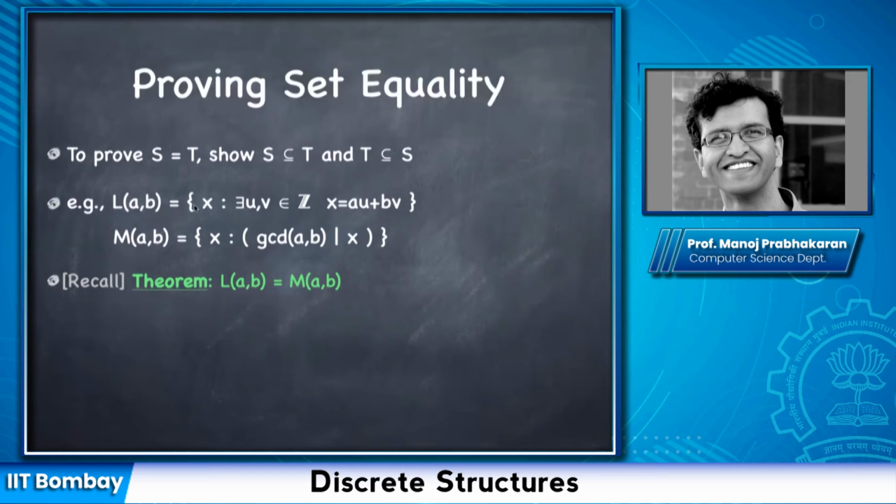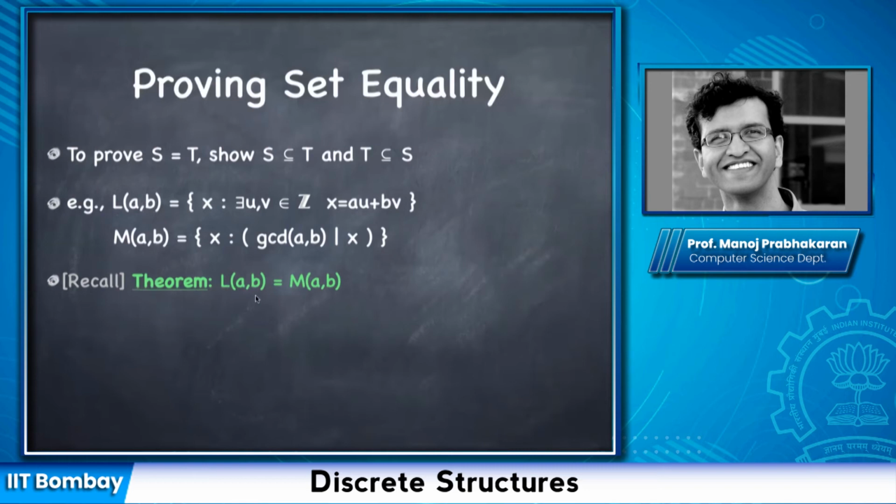It said that the elements in L are exactly the multiples of the GCD. So they're exactly those elements that are present in M. That's to say every element in L is in M and vice versa. These two sets are equal.